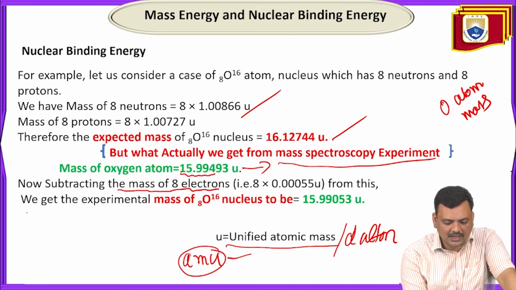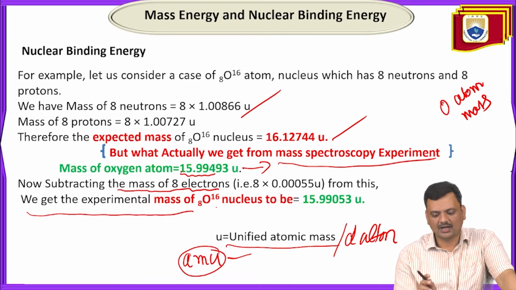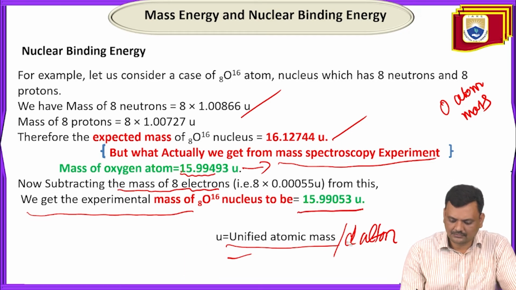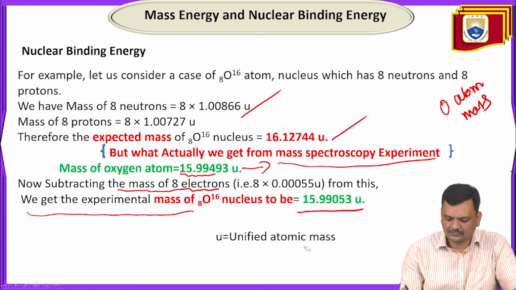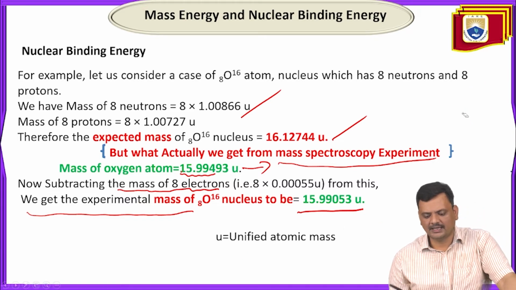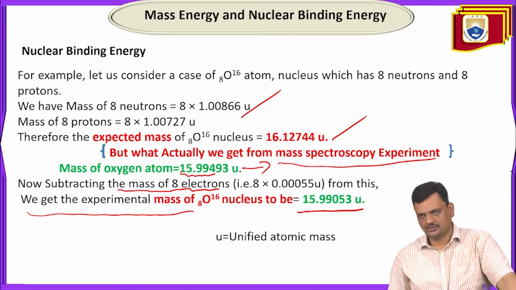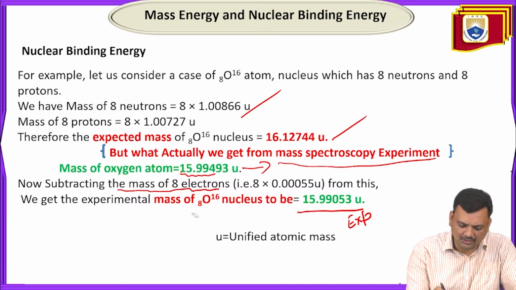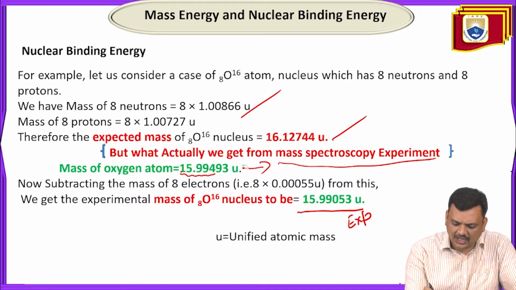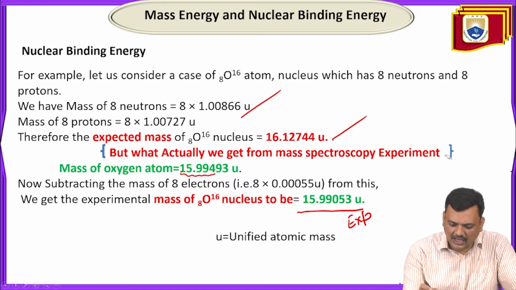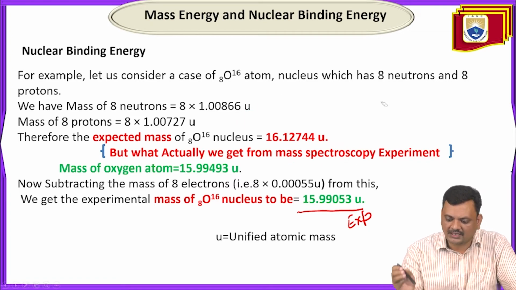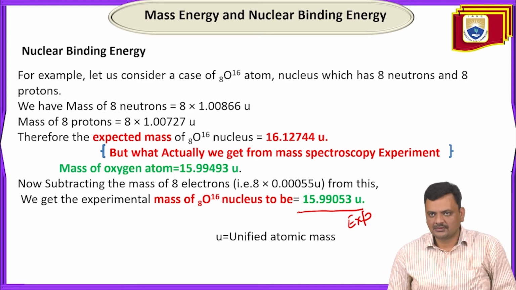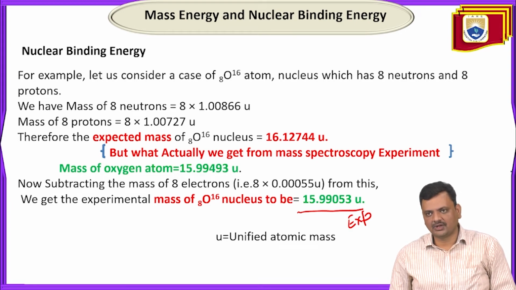So we get the experimental mass of the oxygen nucleus to be 15.99053 U. This is somewhat of an experimental value, because I don't have any experimental setup to directly measure the mass of a nucleus. Anyhow, we conclude that this is the experimental mass of the oxygen atom nucleus.